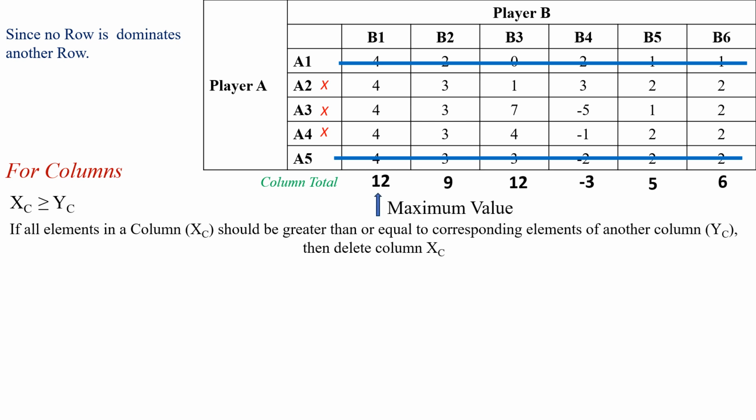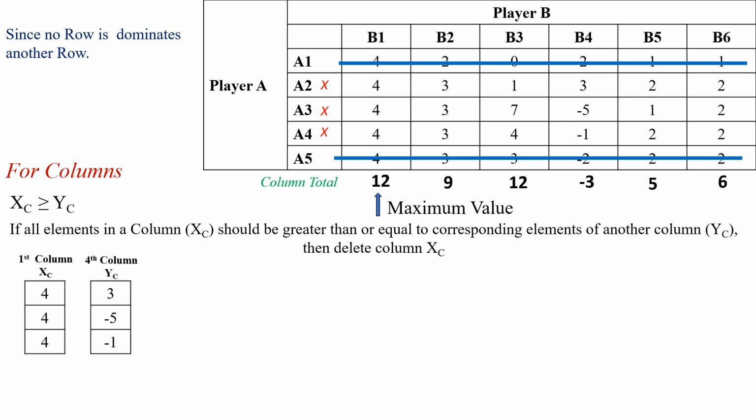So first we have to select column 1 because its column total is the maximum value, and this first column is compared with the fourth column because its total is the minimum value. Let's compare the first column with the fourth column.